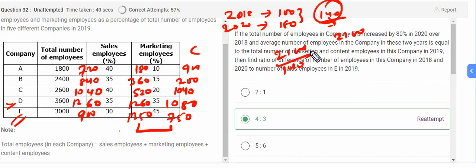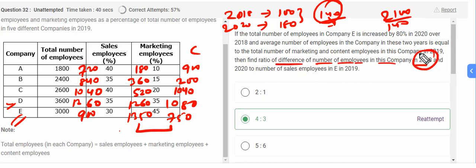So now what they have asked is, find the difference of the ratio. So let's find the difference of the number of employees in company E in 2018 and 2020. So what was the difference? 80 unit difference was there.